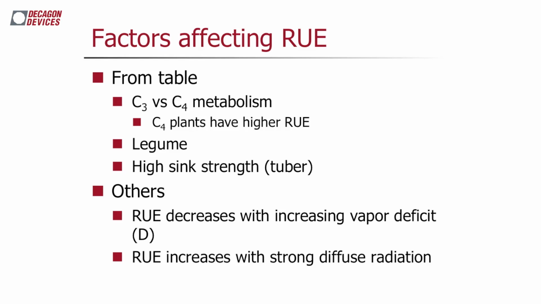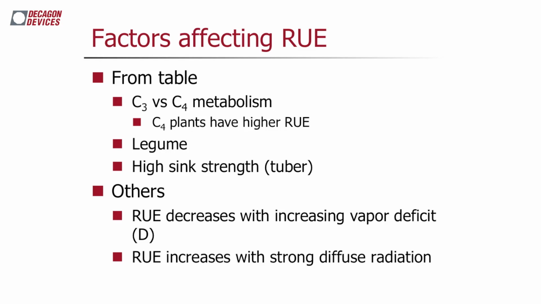That's because of the intercellular space CO2 that they're able to take up into the leaf and have a lower concentration inside there that will actually be used in photosynthesis. Legumes tend to have lower radiation use efficiencies as well, but tubers, or high starch plants, have a rather high radiation use efficiency.